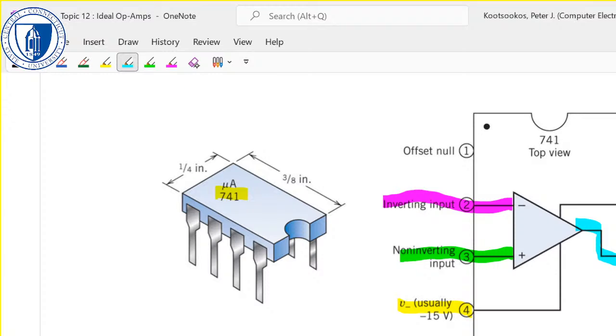I'm not going to really talk about offset null. You can think that ideally what you want in an amplifier is, if this is V in and this is V out, you want something like this, right? Where this is the gain.